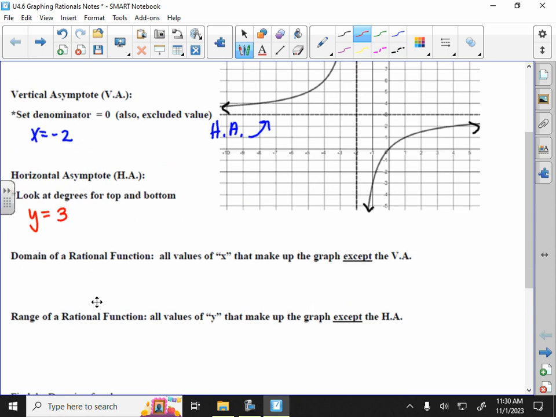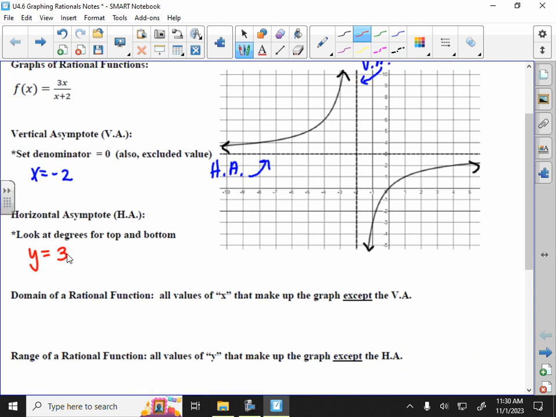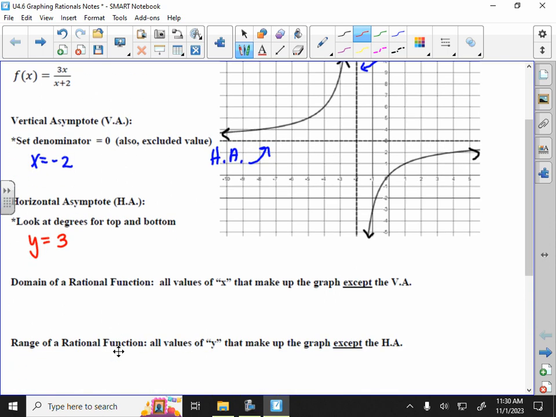All right, now we can get the domain and the range of these graphs. For domain, again, we look at what vertical lines intersect the graph as we move left to right. It's going to hit everywhere except where that vertical asymptote is. It kind of skips it, and then as soon as it moves past it to the right, it picks up the graph again. So the domain is based off the vertical asymptote.